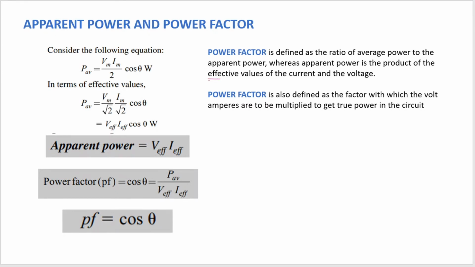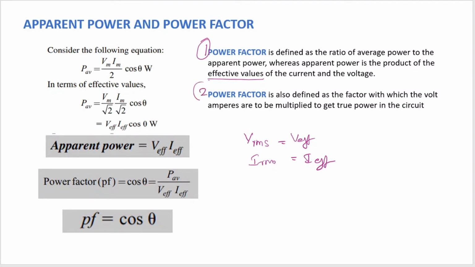What is meant by effective values? VRMS and IRMS are also called V effective and I effective. So it is the product of the effective values of the voltage and current. So power factor is defined in this way, the first definition.